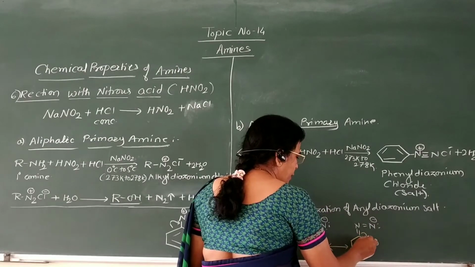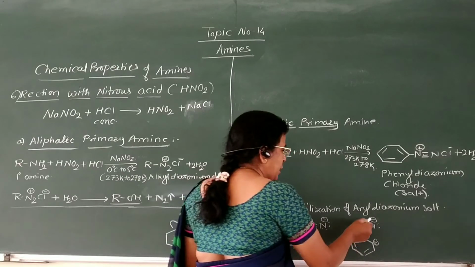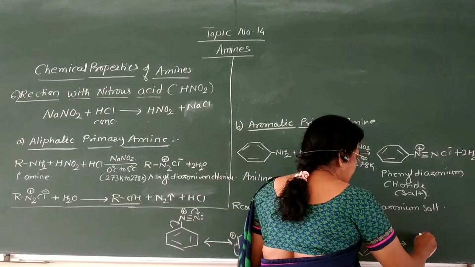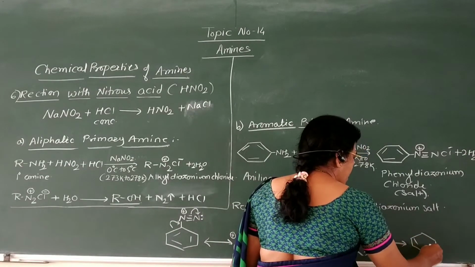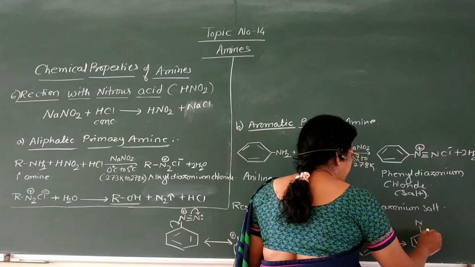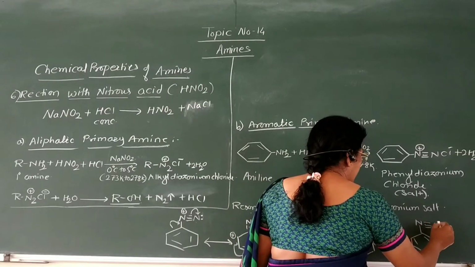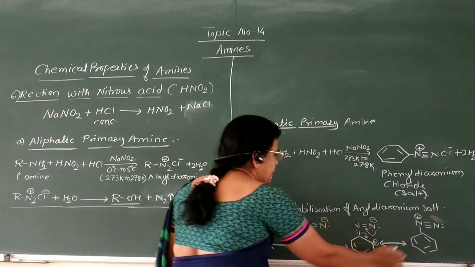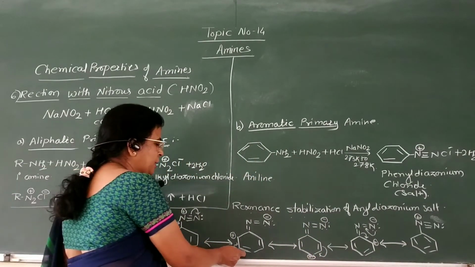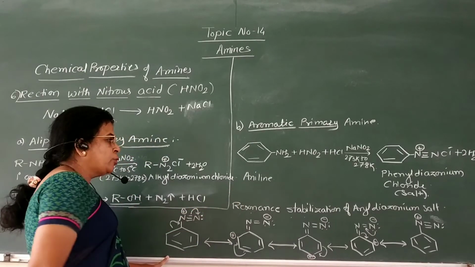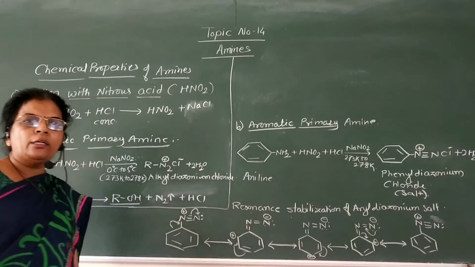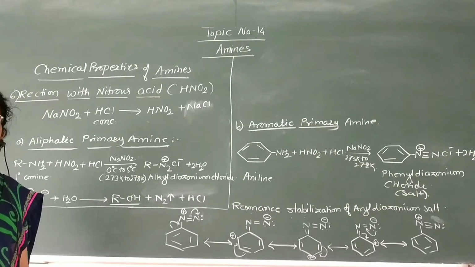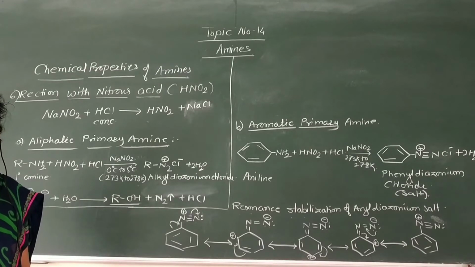Then again this electron pair gets shifted to form next resonating structure like this. That is, this is the first structure. These 5 resonating structures stabilize the aryl diazonium salt, and therefore this aryl diazonium salt is a stable intermediate which is used to prepare various types of organic compounds.